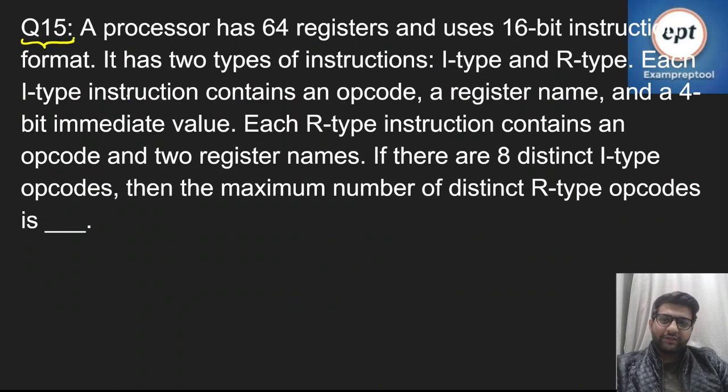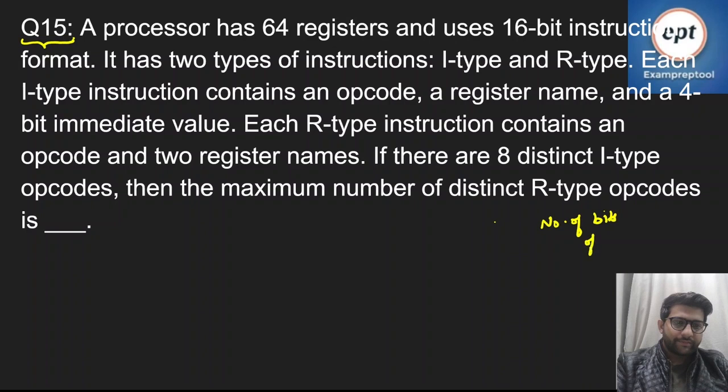So question number 15 says that a processor has 64 registers and uses a 16-bit instruction format, right? So first of all, let's calculate the number of bits for register numbering. It will be log base 2 of 64, that will be 6, right?